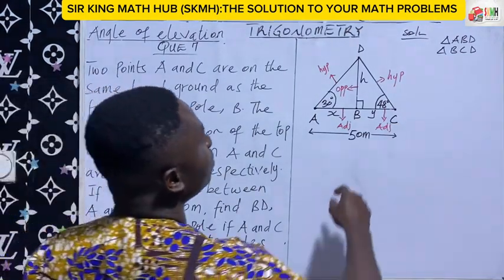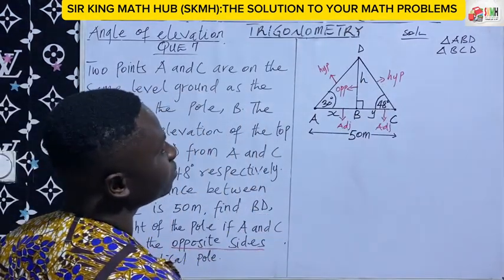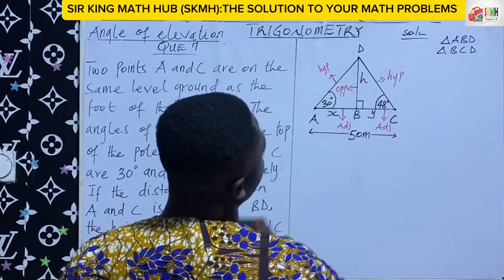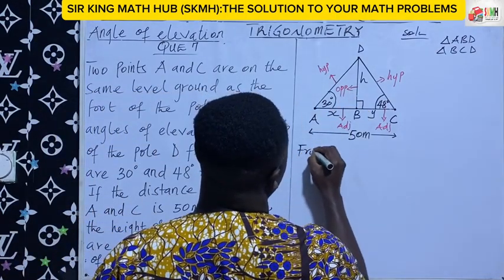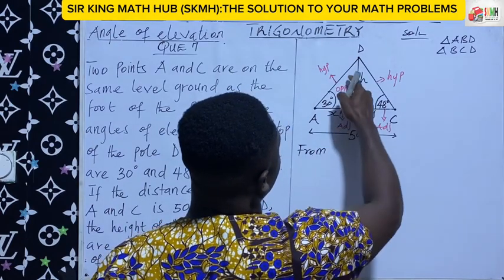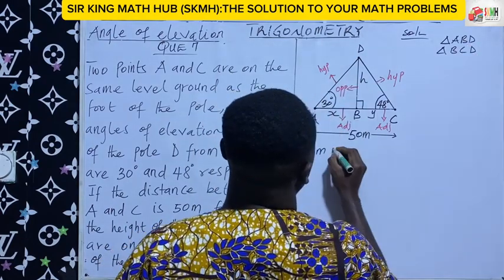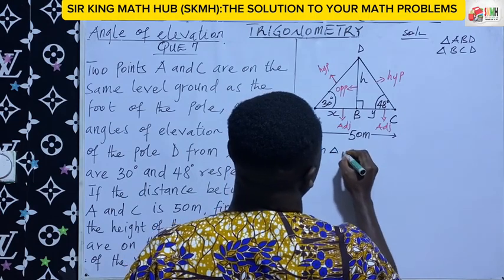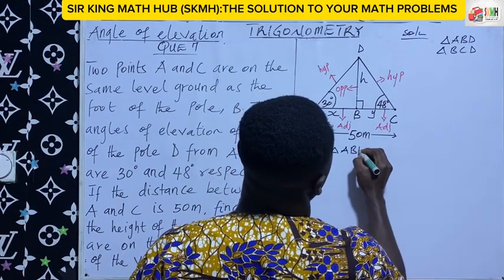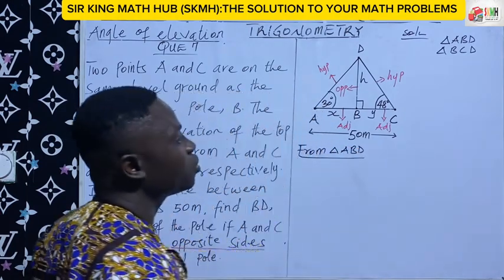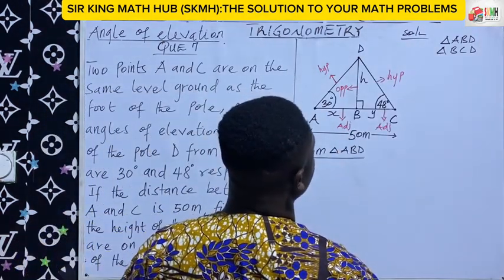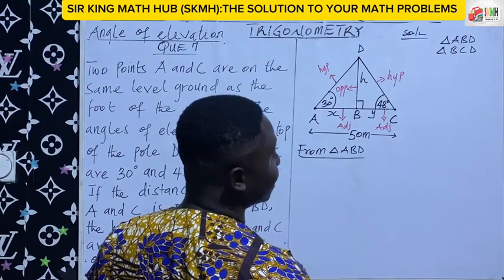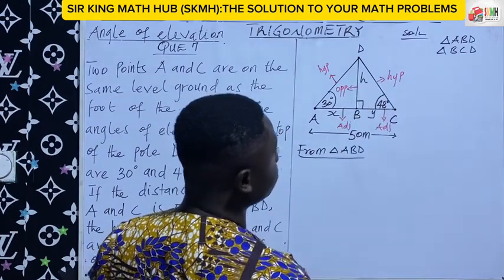So now how do we calculate the height of the pole? Using the first right angle triangle. So from the first right angle triangle, we labeled it as triangle ABD. Now from triangle ABD, we know the height as H, which also represents the opposite.